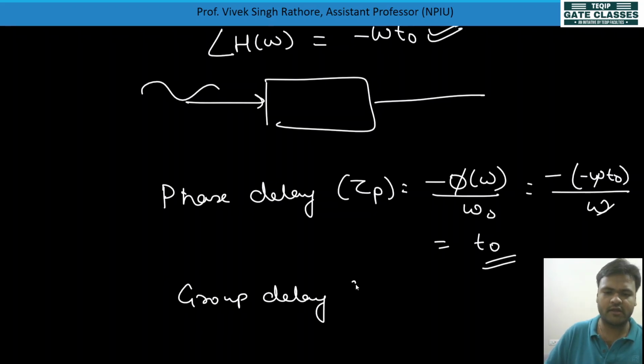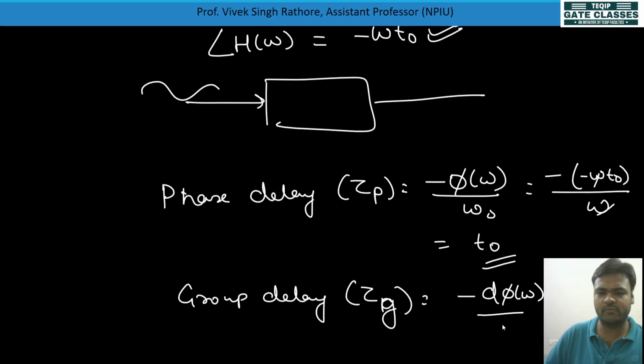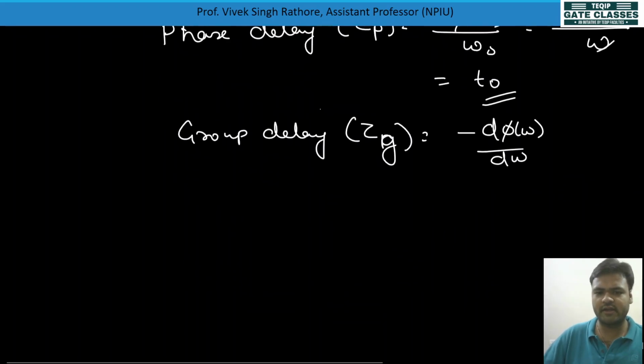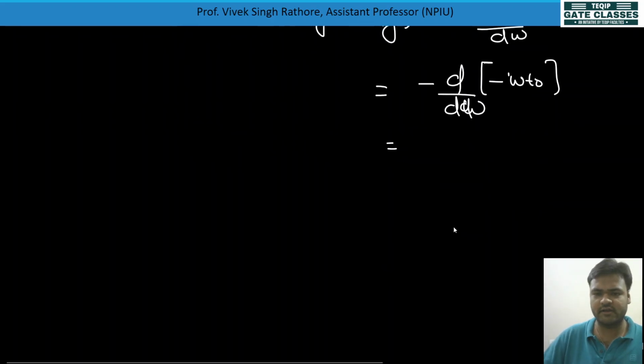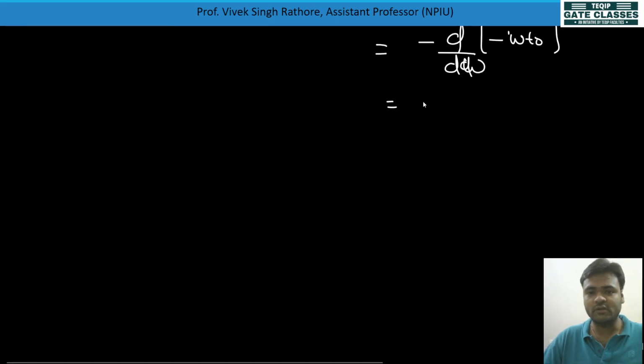And if we look at group delay, it is represented by tau g. It is minus d phi of omega by d omega. It can be written as minus d by d omega, and phi of omega is nothing but minus omega t naught. So only t naught remains.